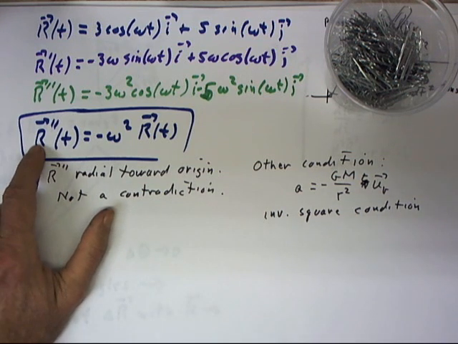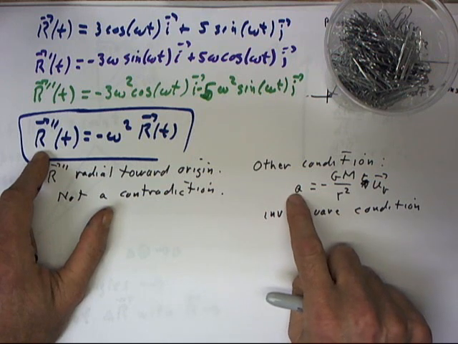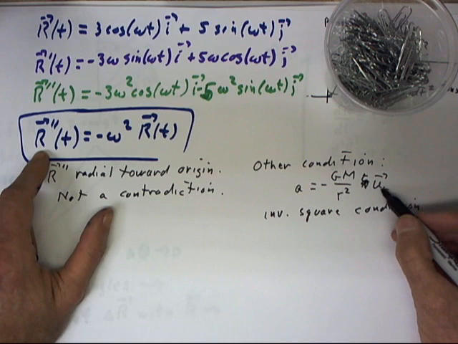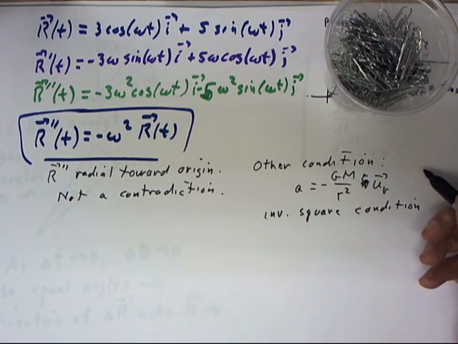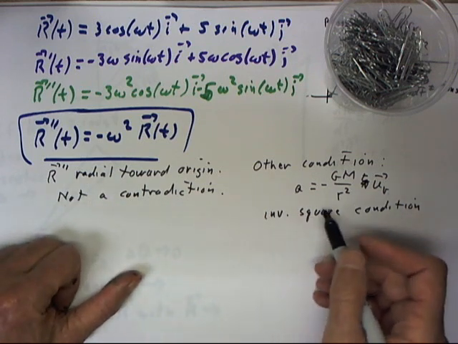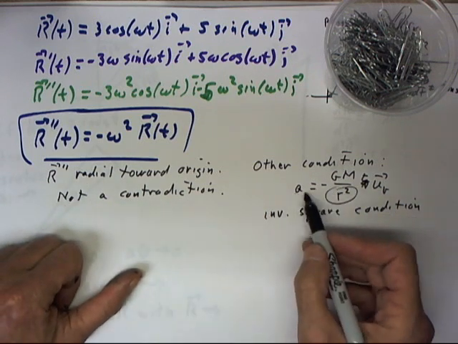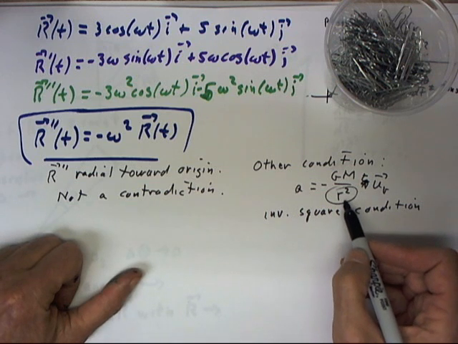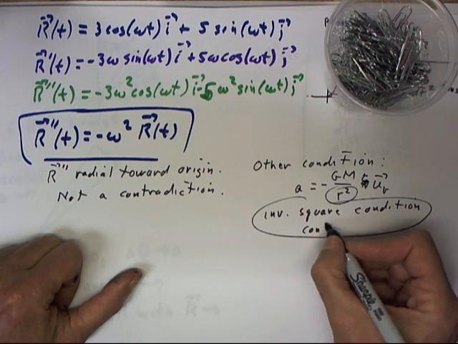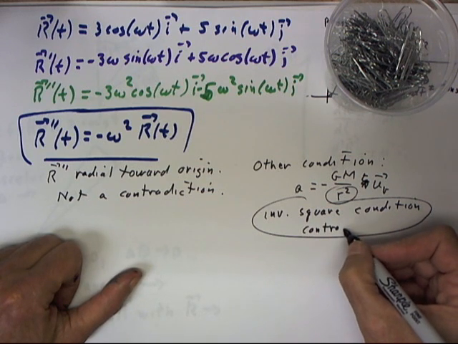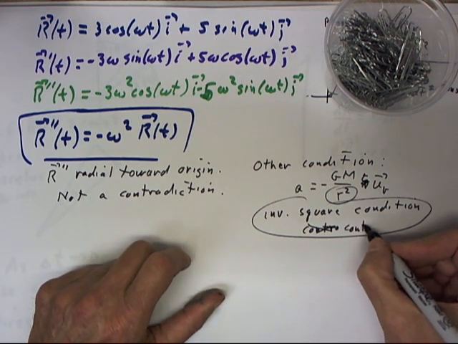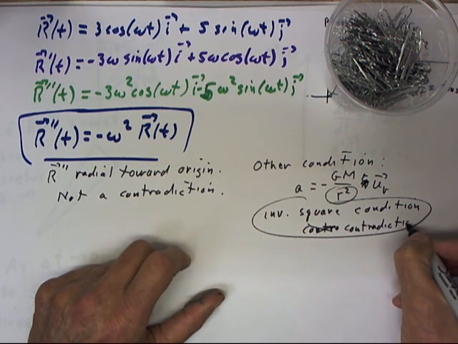We've shown here that r double prime, which is our acceleration vector, is a negative multiple of the radial unit vector. That is not contradicting this, but the inverse square condition, the condition that this acceleration be inversely proportional to the square of the distance, that is contradicted. Well, actually we already wrote, yeah, no. Didn't look closely enough at what I'd already written.